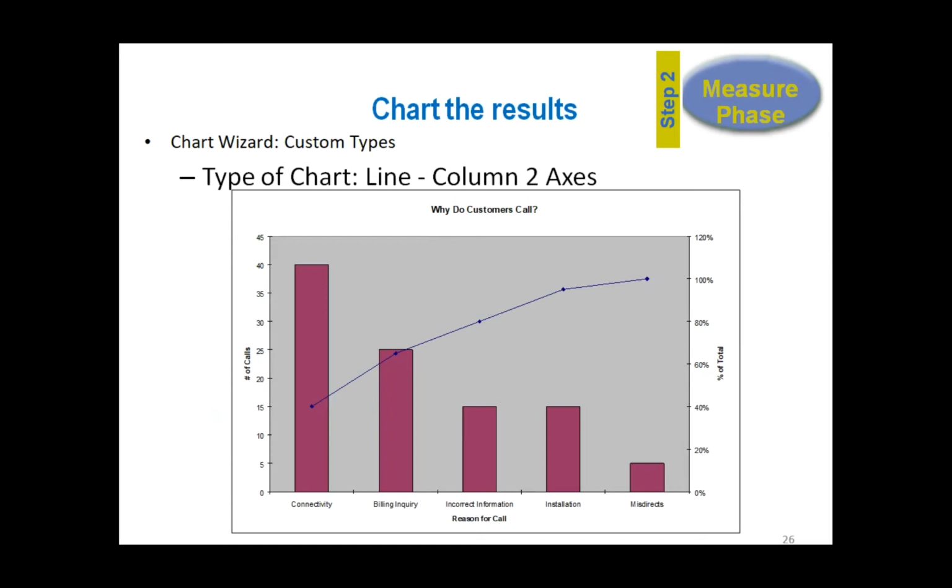Now this is the Pareto chart, which tells us that we need to focus on connectivity and billing inquiry issues to resolve our issues, and if you see the trend line here, almost 60% of our customers are calling because of connectivity and billing inquiry.